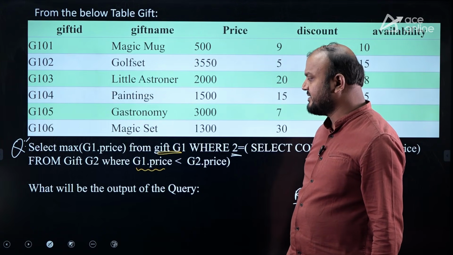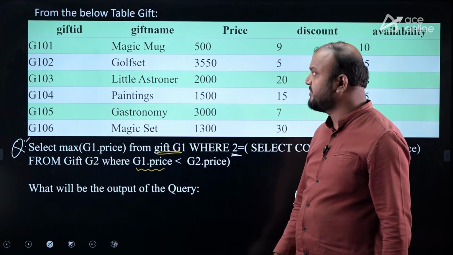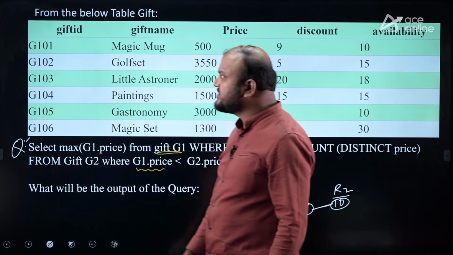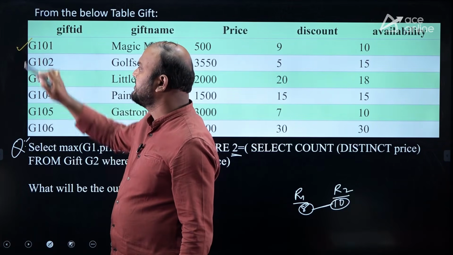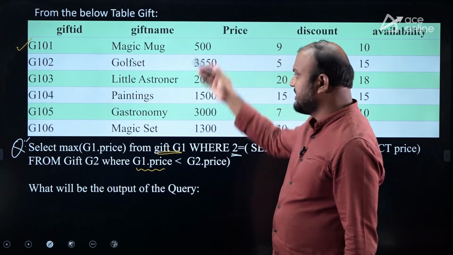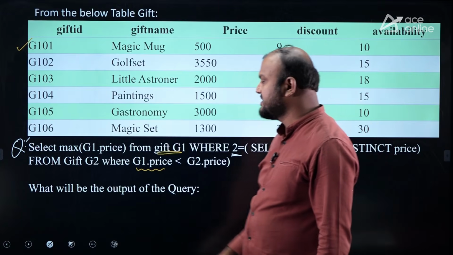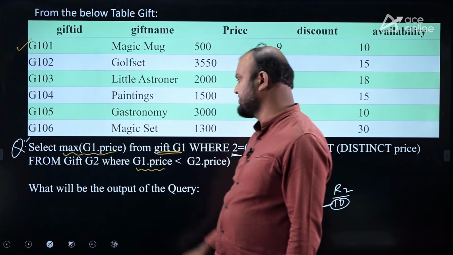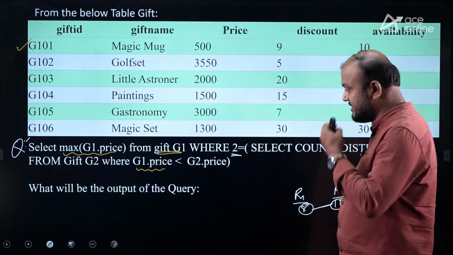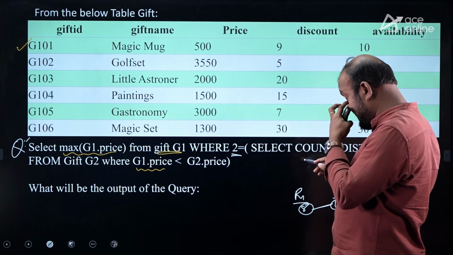But fortunately here, the outer query uses the same table and the inner query also uses the same table. It means for each record of gift, every record of gift is again going to be verified. How? Look, select max of G1.price from gift G1 where 2 equals. What is being found in the inner query?